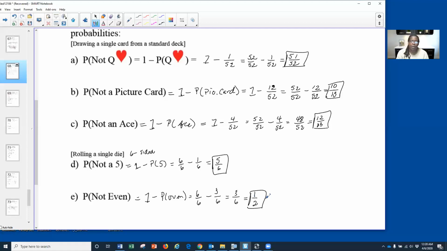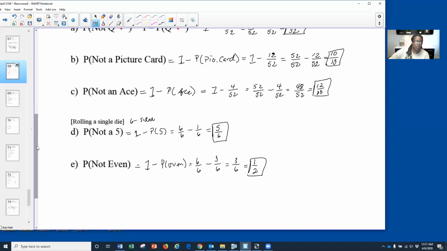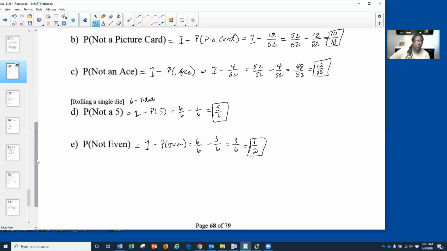How do we feel about the cards and rolling the die? Using our complementary events formula, being able to solve for an event that's not going to happen.